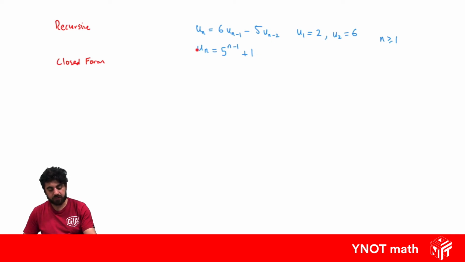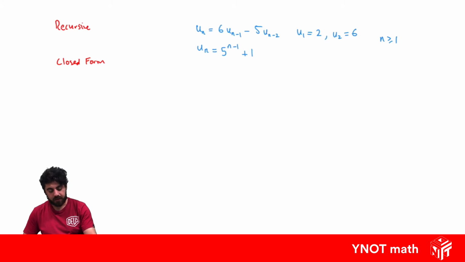And this is the closed form definition because this doesn't depend on any of the terms, it just depends on a value of n. So if you wanted the fifth term, you could just plug in n equals 5. But if you wanted the fifth term with the recursive definition, you'd need to know the fourth term and the third term to do so.